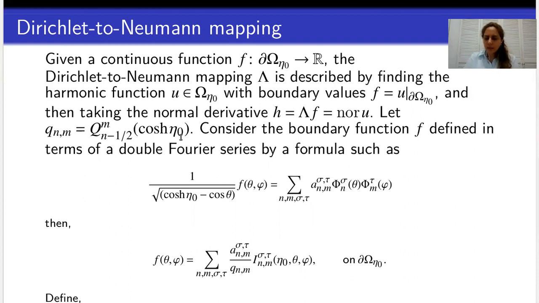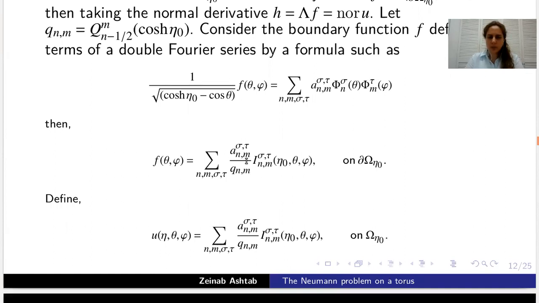Then consider the boundary function f. We can write the function f in terms of a double Fourier series in this form. Then, according to the definitions of I, we can write f of theta and phi on the boundary of omega eta naught in these summations, in this expression.